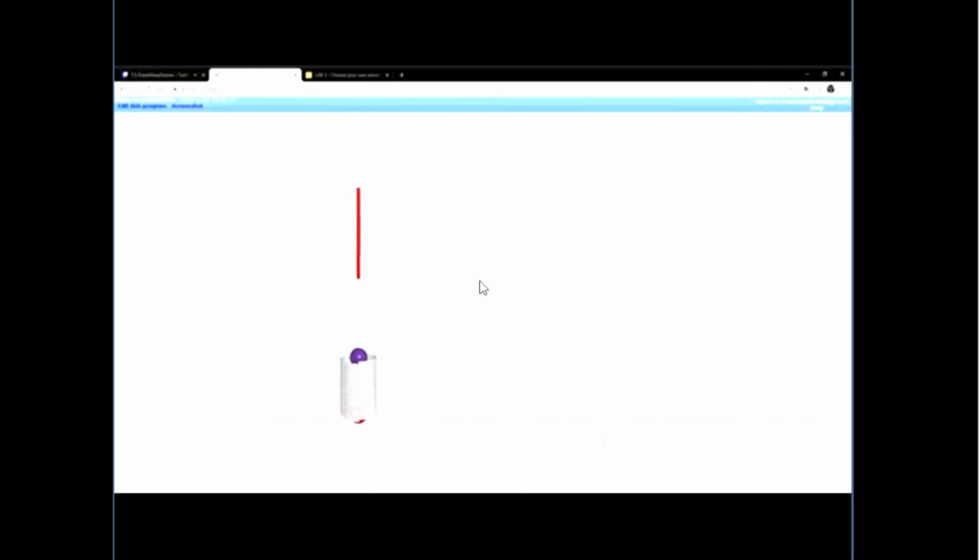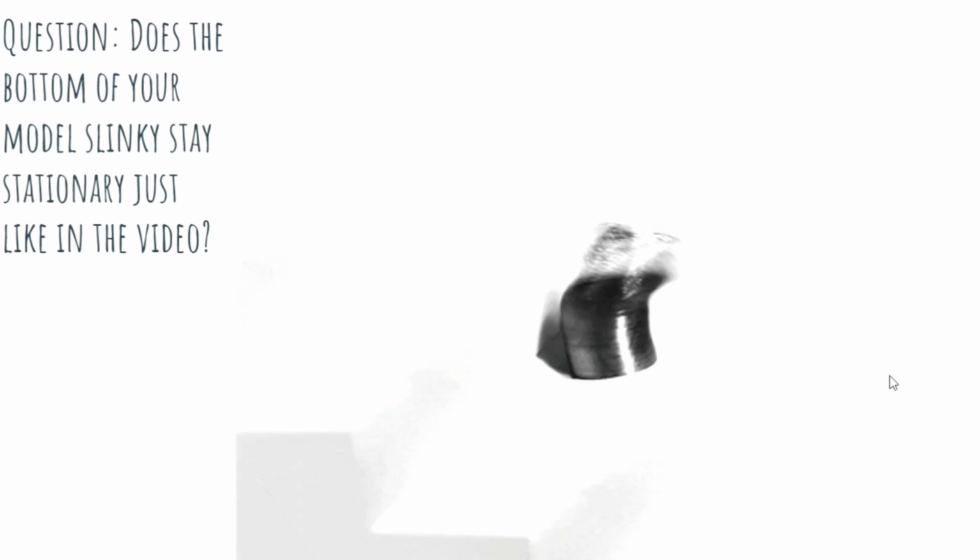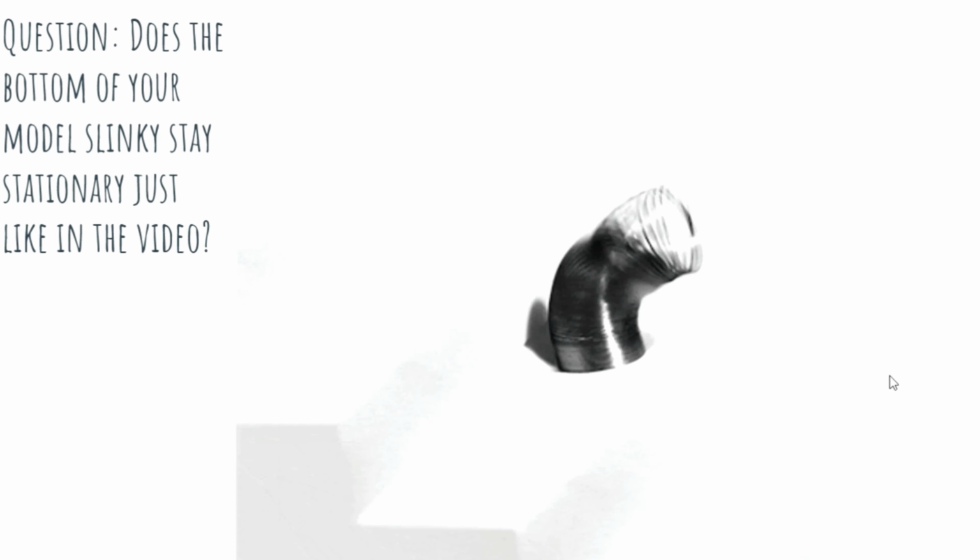To conclude Lab 5, the question is, does the bottom of our model stay stationary just like in the video? Yes, for the most part, the slinky in the model does. As the top approaches or gets very close to the bottom of our slinky, that's when you can see the force being applied to the rest of the slinky, or the bottom of the slinky, and that starts to move down as well.